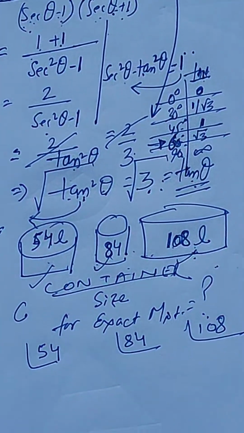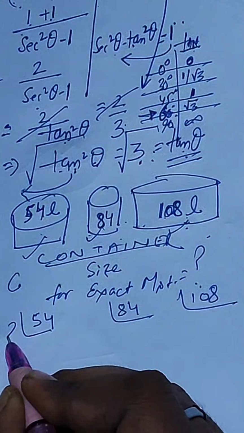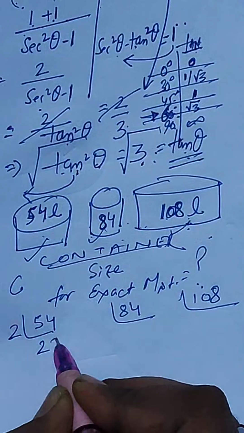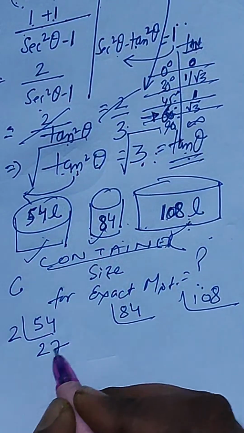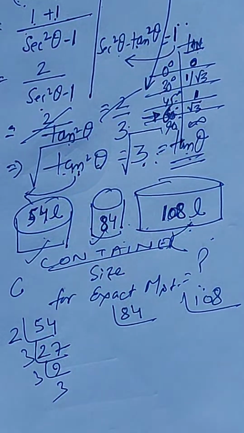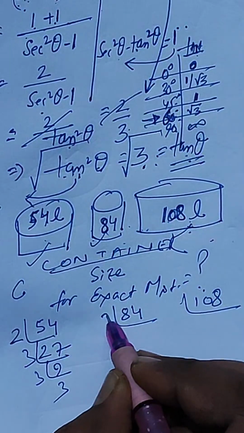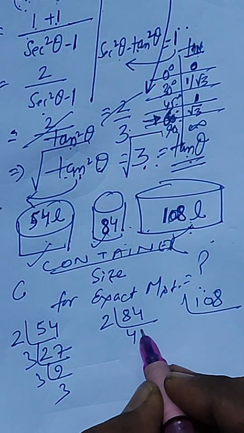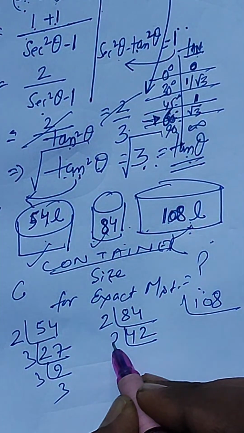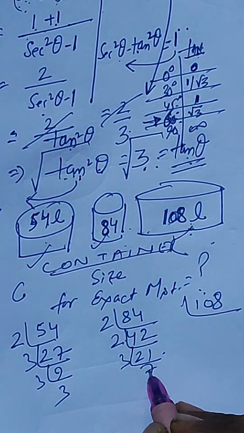So first find the factors, right? First find the factors. For 54, from 2 it will be 27, after 3, 9 times, and 3, 3 times, right? And for 84, you can see 2, 42, 2, 21, then 3, then 7, right?